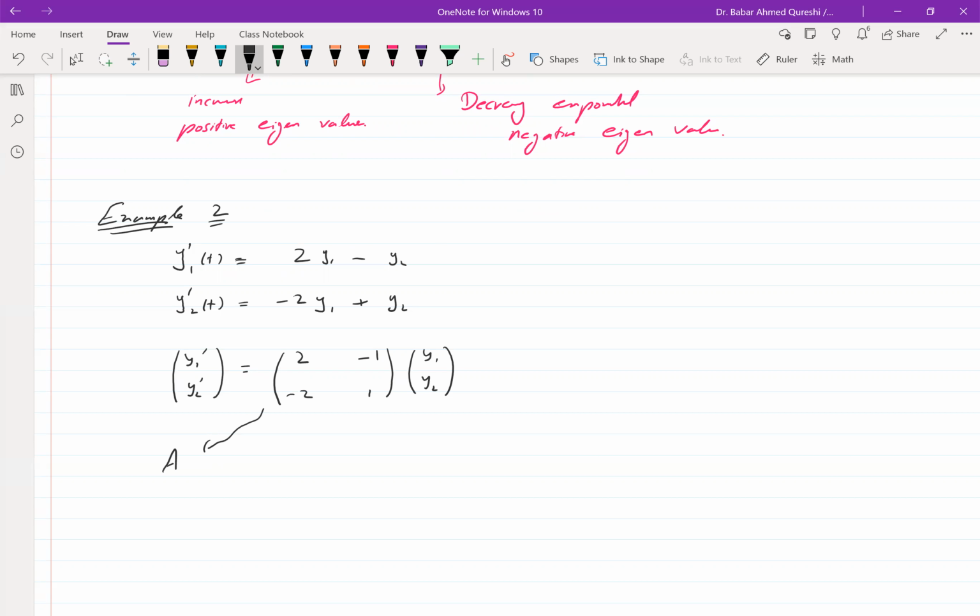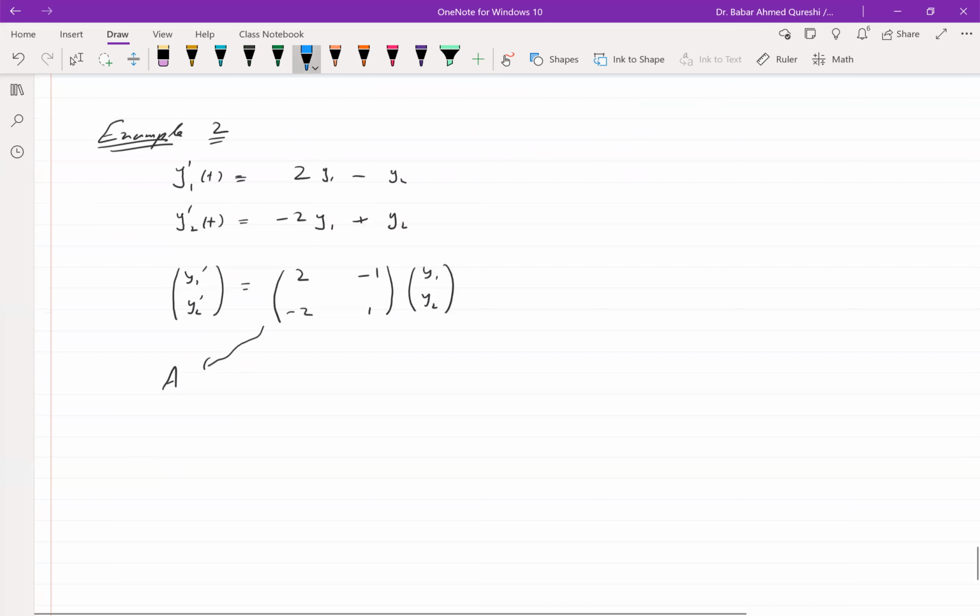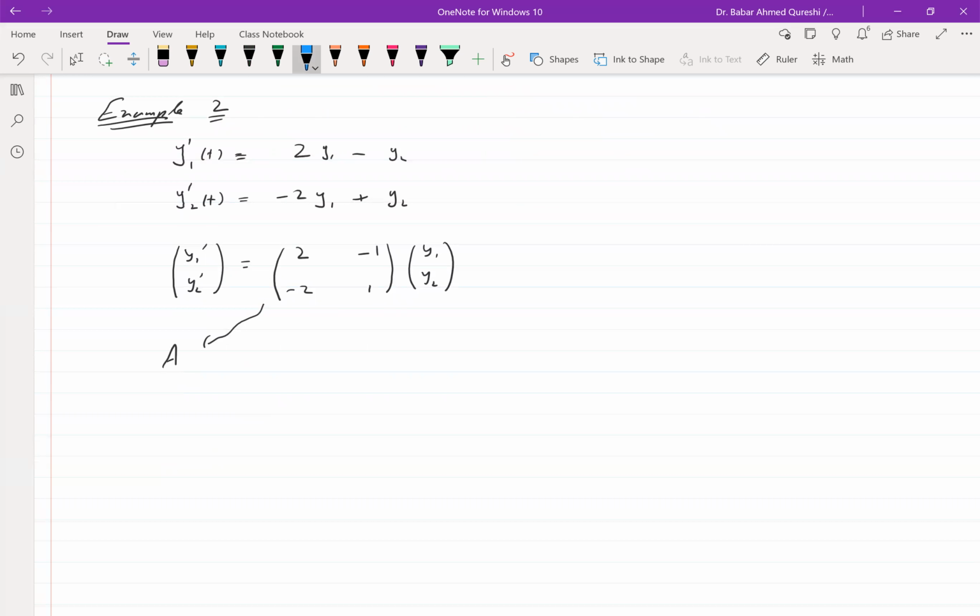You can notice, let's do some of the things which we proved last time. Put them to use. You notice that the determinant of A in this case is 0 because it's 2 minus 2. But the determinant of A is the product of the two eigenvalues, and if it's 0, this implies at least one of them is 0.